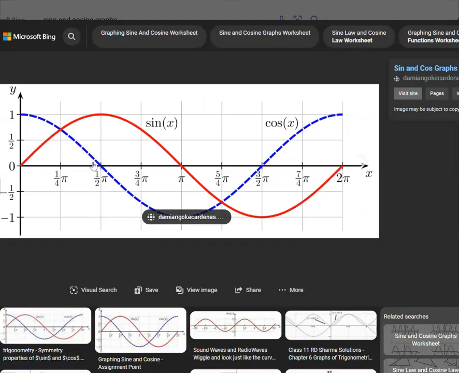Keeping the unit circle in your mind's eye, as we're approaching 0, we're going past 0 into the negative values.